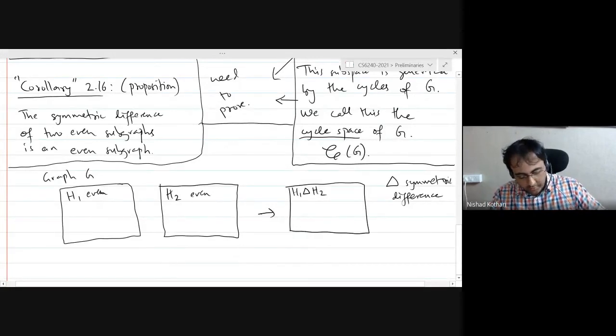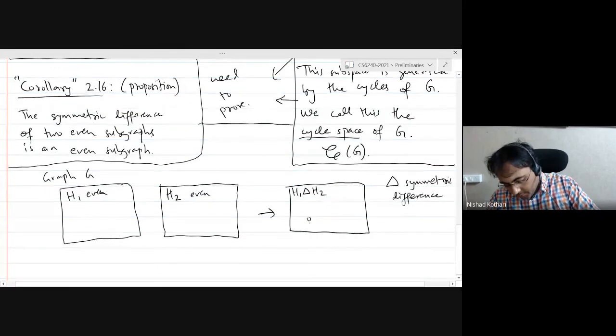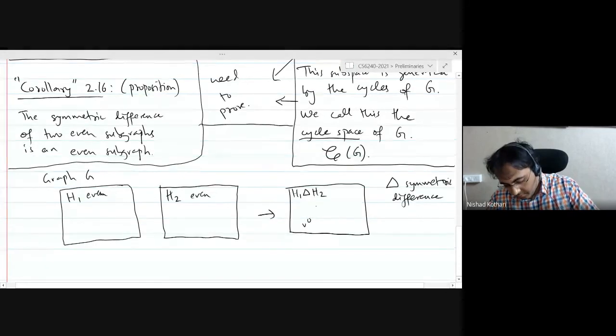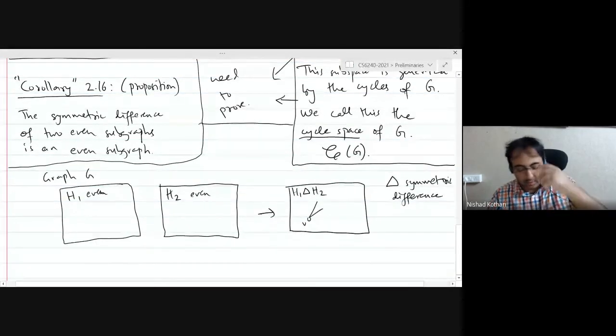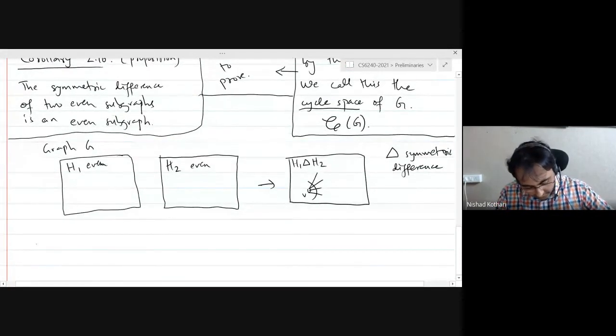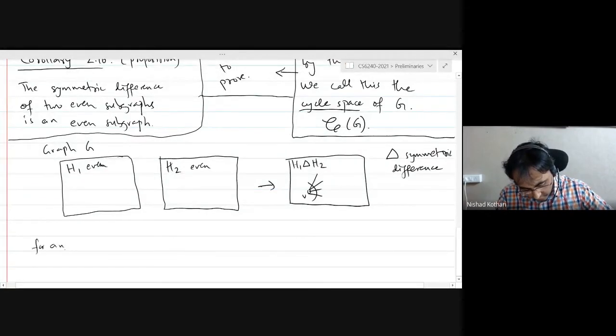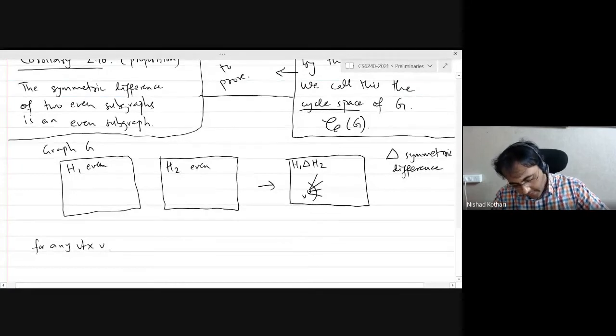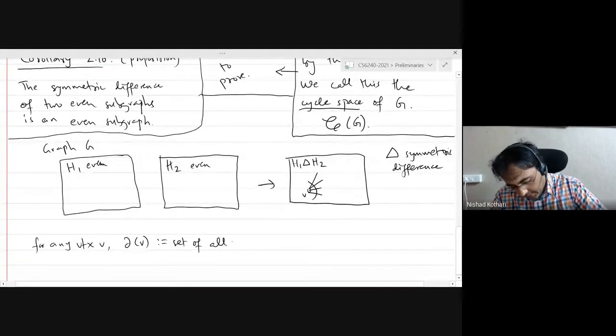Good. So what we need to prove is that if you take any vertex V, its degree is even. That is all it means for a subgraph to be even. We want there to be an even number of edges incident at the vertex. So that brings us to some notation. For any vertex V, partial of V is the set of all links.